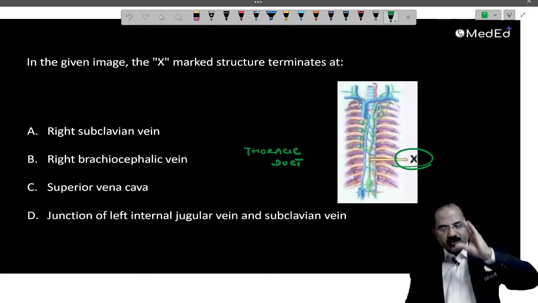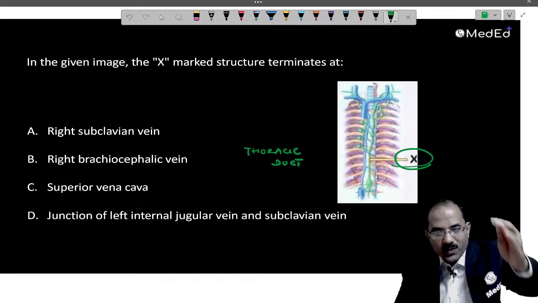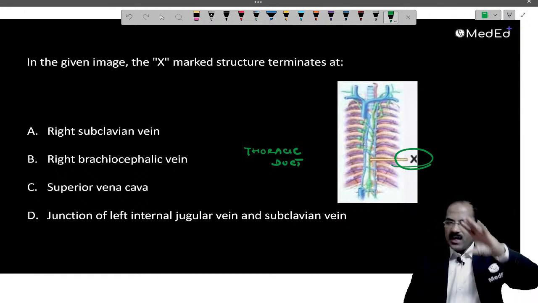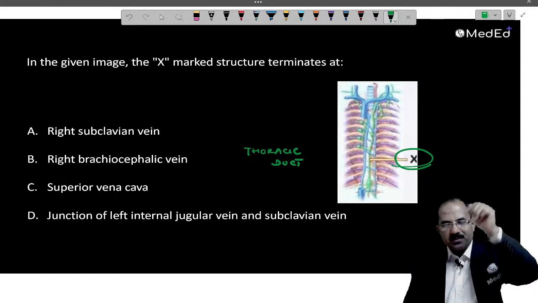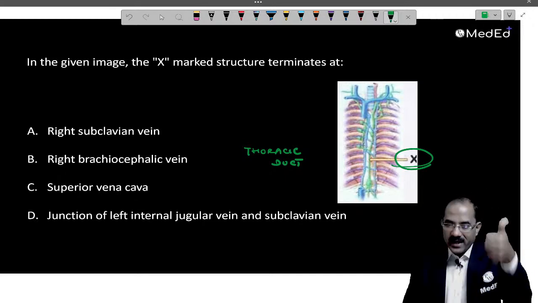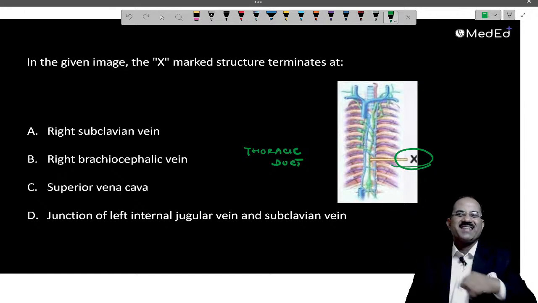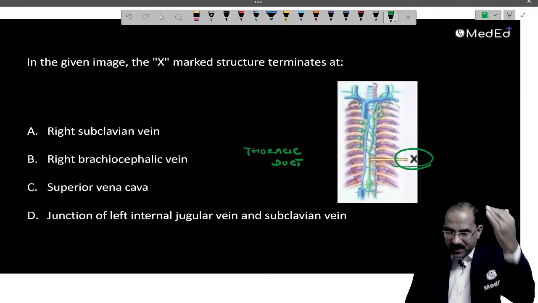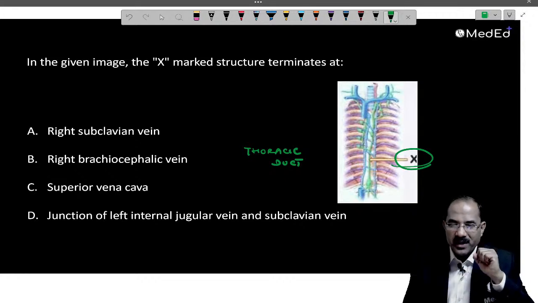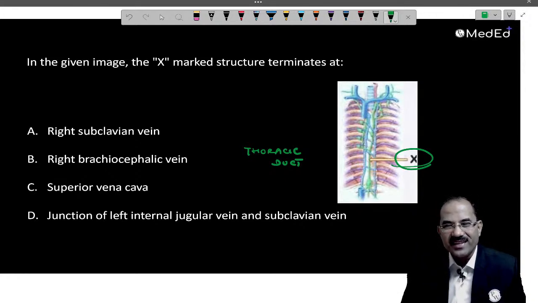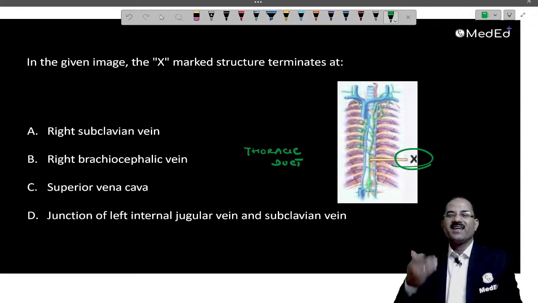This thoracic duct from the abdomen comes into the thorax through the aortic opening of the diaphragm, right? Three structures come through the aortic opening of the diaphragm: the aorta, the azygos vein, and the thoracic duct. So the thoracic duct is in the abdomen and enters the thorax through the aortic opening. It lies on the right side.